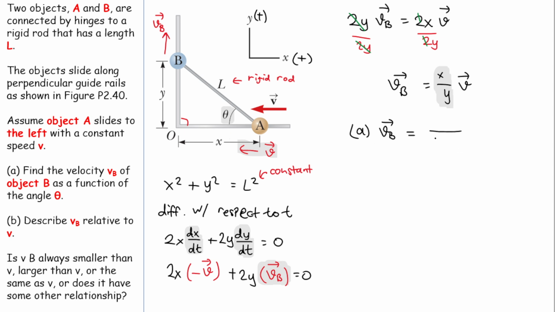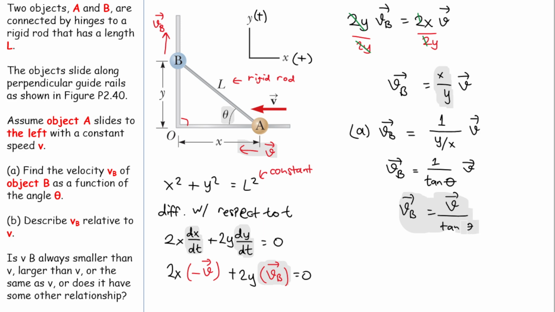So I will have y over x, and we can flip this by using 1 over y over x like this, right? So this is the same thing, and then multiply this by v. Okay, but then Vb here is equal to 1 divided by y over x, which is tangent of theta, then multiplied by v. Or maybe we can simplify this: Vb equals v over tangent of theta. And that is the answer for question A.